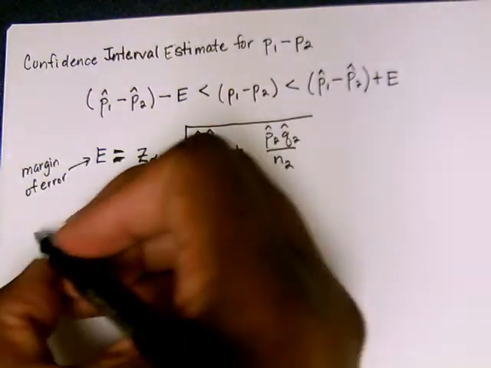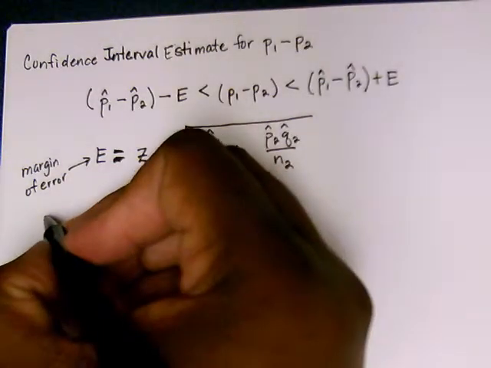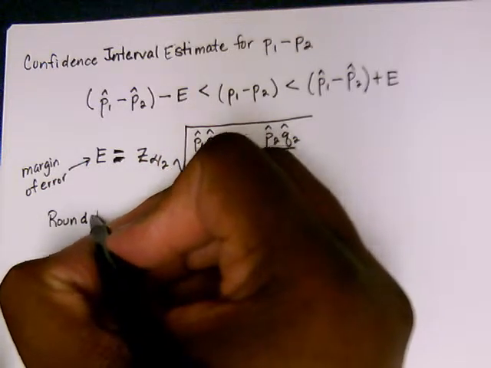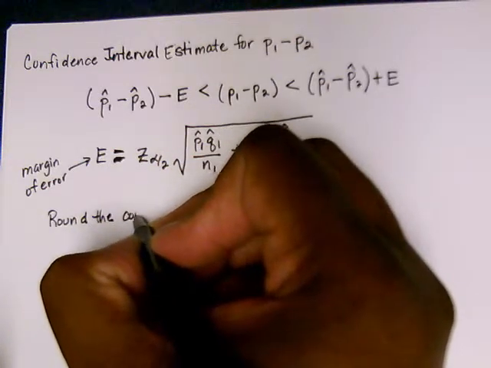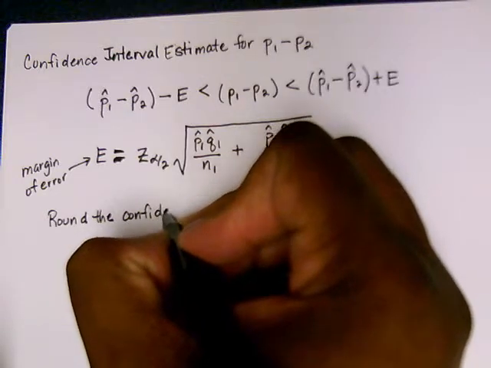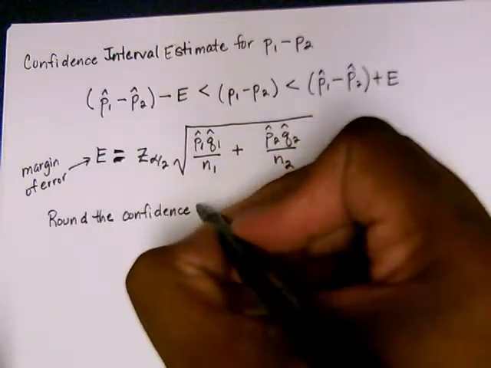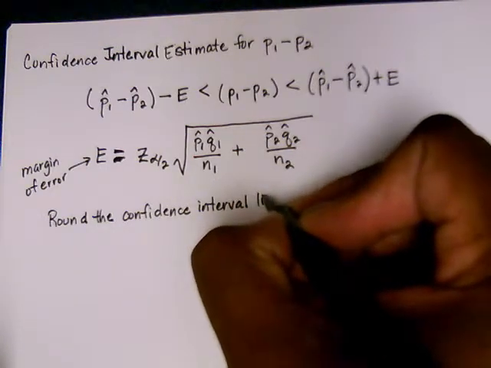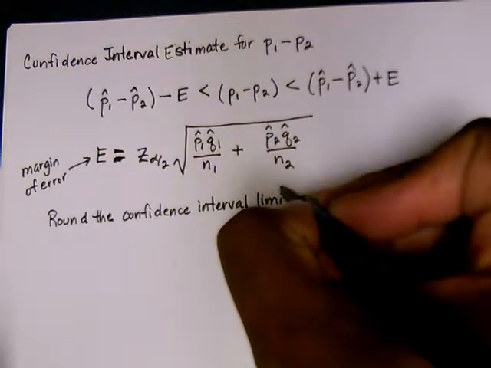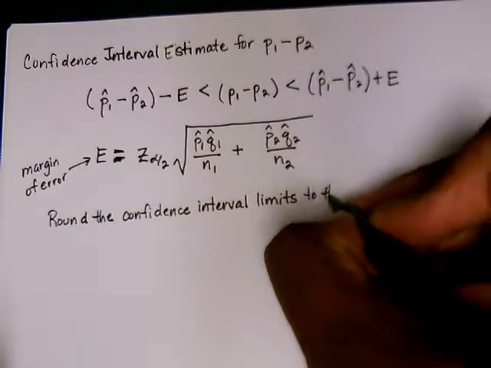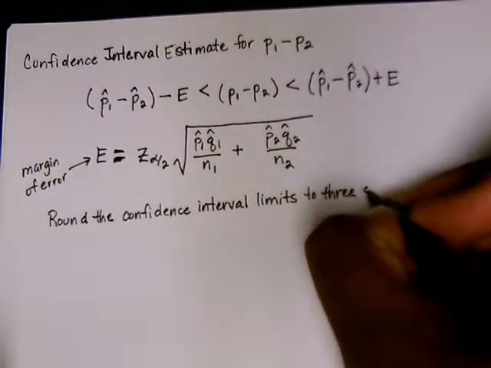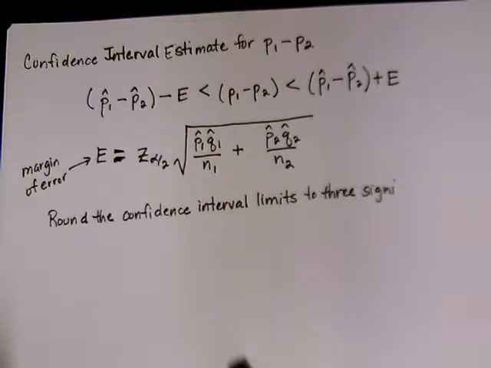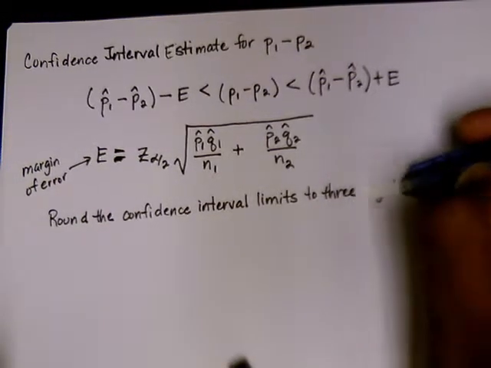And there is a round off rule, so when you do your confidence interval, you're going to round the confidence interval limits to 3 significant digits, or let's say 3 decimal places.